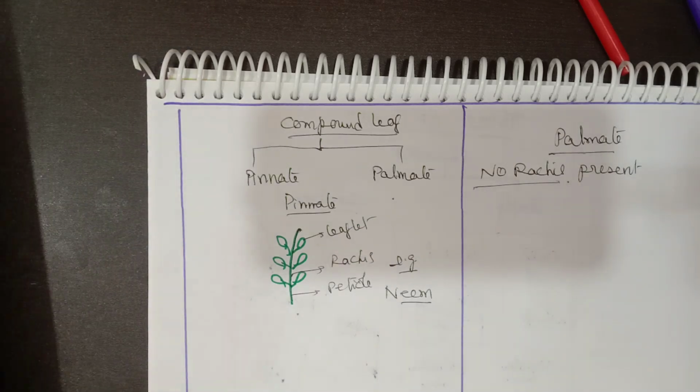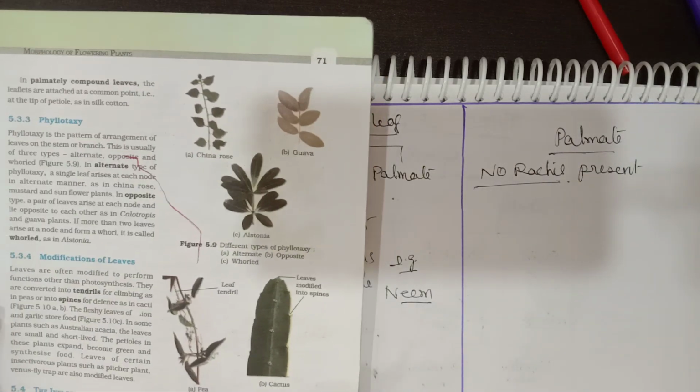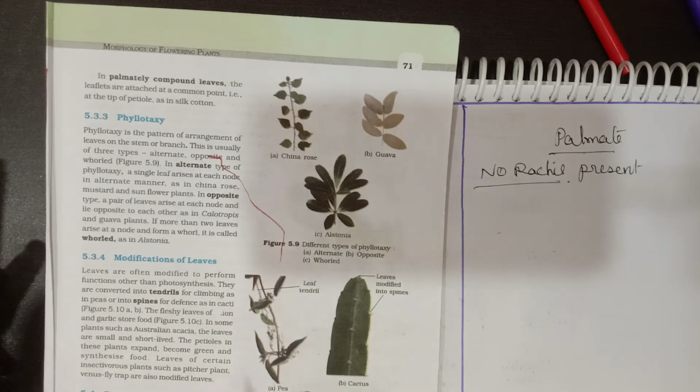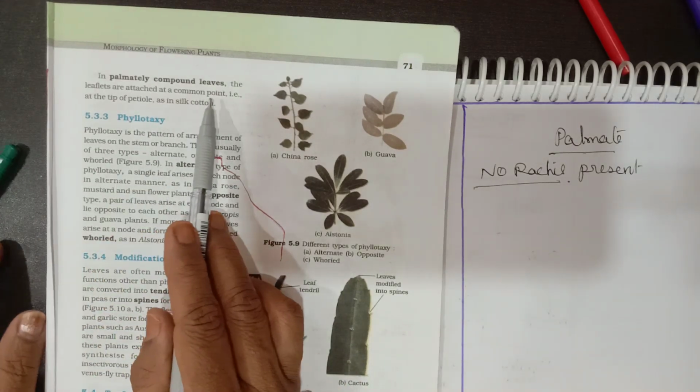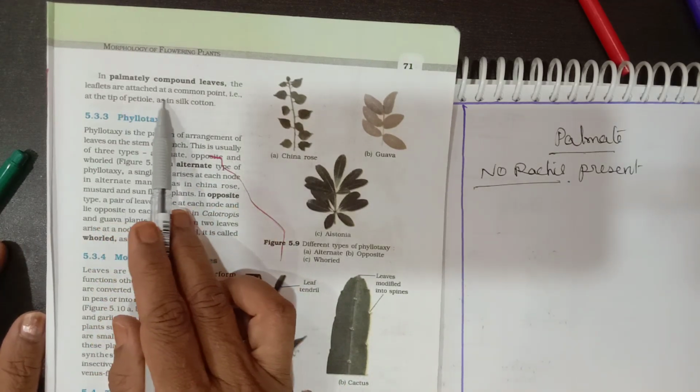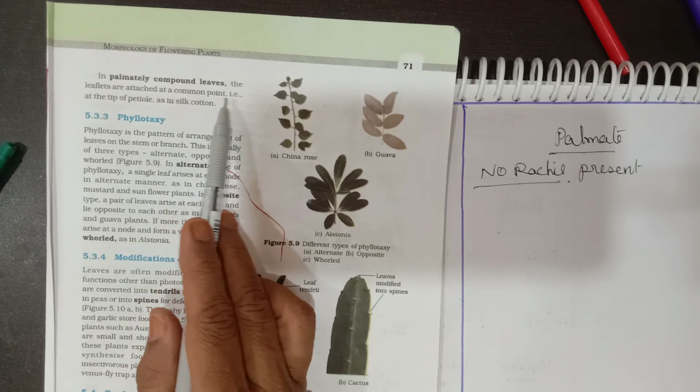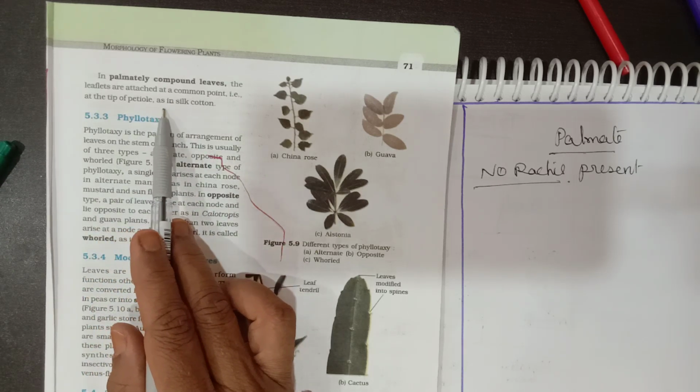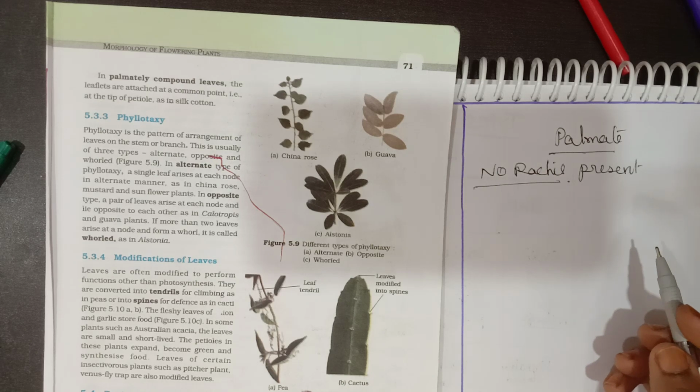So we will just look into how it is given in the textbook. Let us read how it is given. In palmately compound leaves, the leaflets are attached at a common point, that is at the tip of the petiole, as in silk cotton.